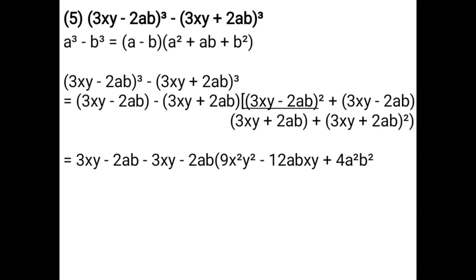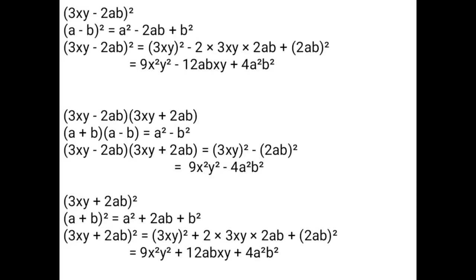Next one is plus (3xy minus 2ab)(3xy plus 2ab). You have to use the formula of (a plus b)(a minus b). I already solved this sum roughly by using that formula. The formula of (a plus b)(a minus b) is a square minus b square. That is (3xy) the whole square minus (2ab) the whole square.